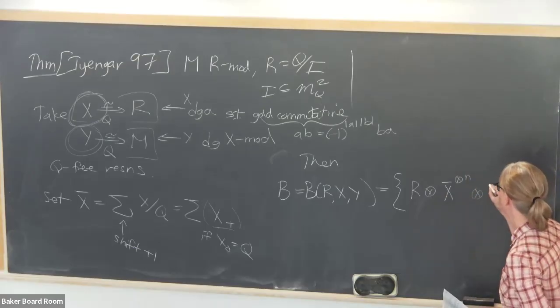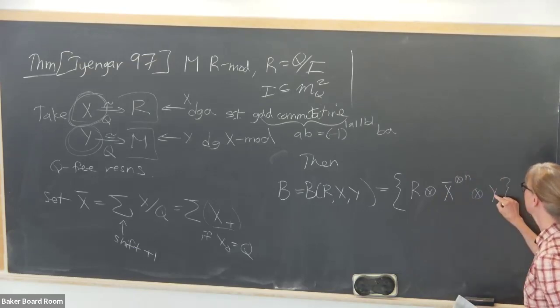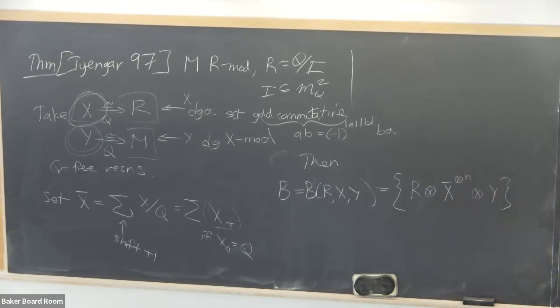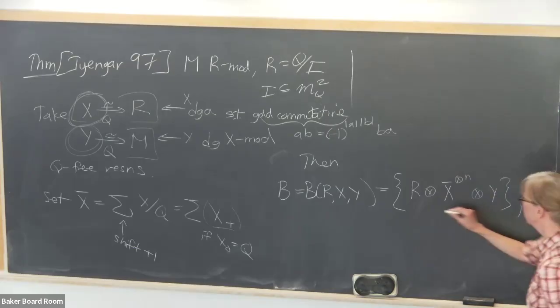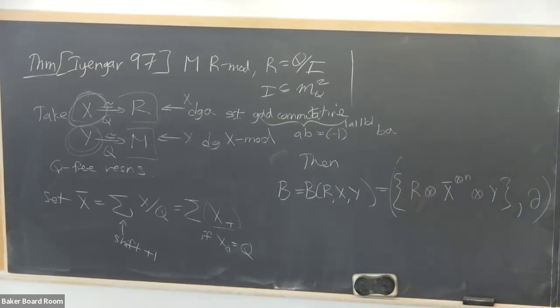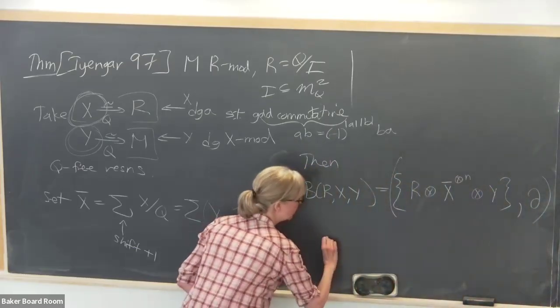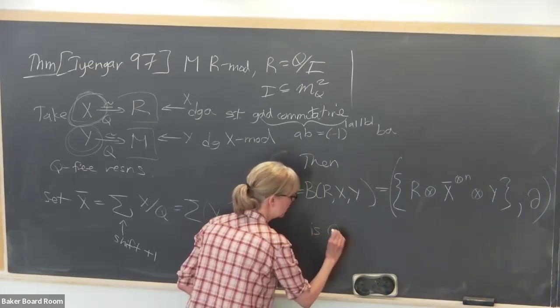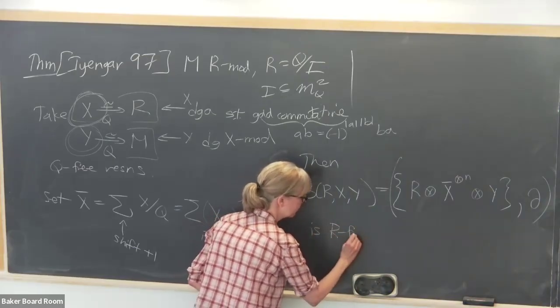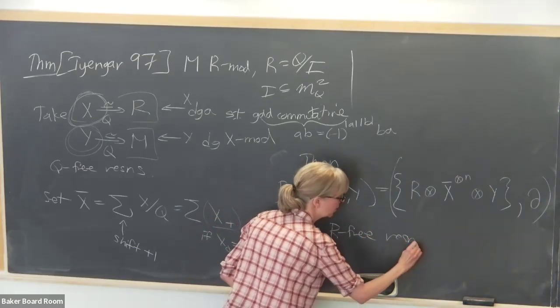And then tensored with the Y at the end. And this is given a differential, which I will describe in a second. Okay, then this thing is an R-free resolution of M.